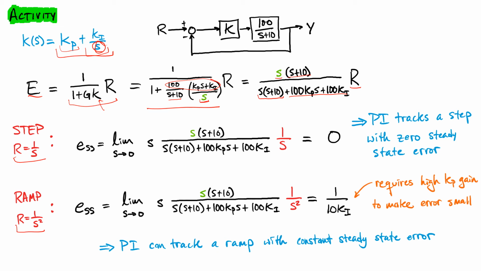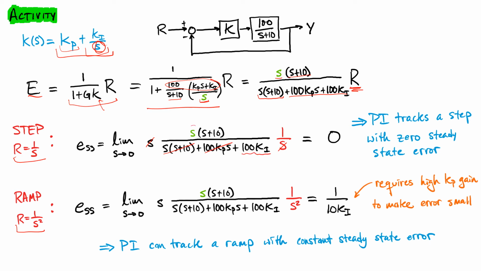So when the reference is a step, we plug in 1 over s for our reference. And again, this can cancel this. What happens now is that as s goes to 0, this term goes to 0, this term goes to 0, and this is left.